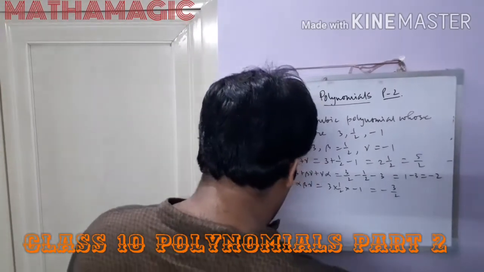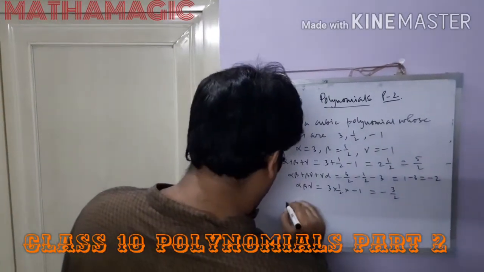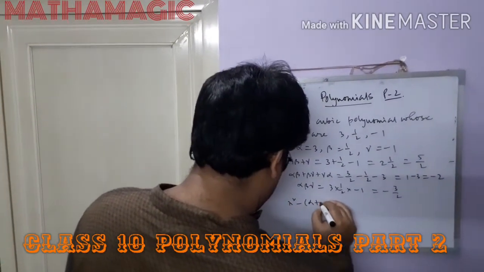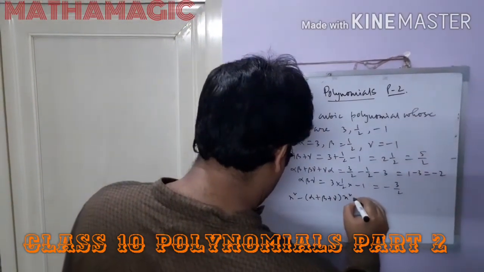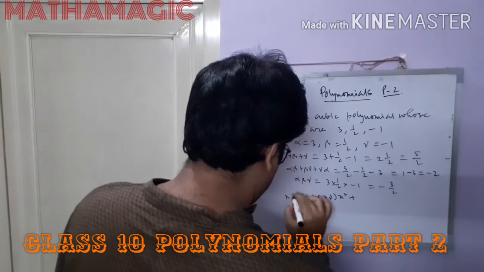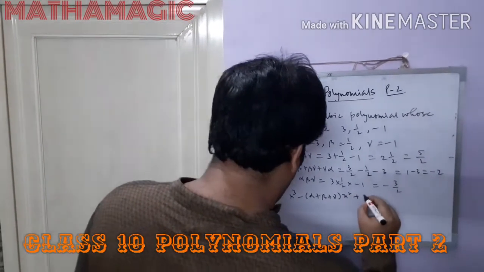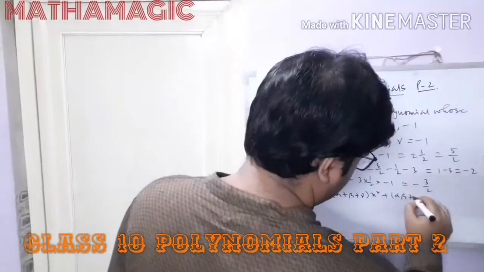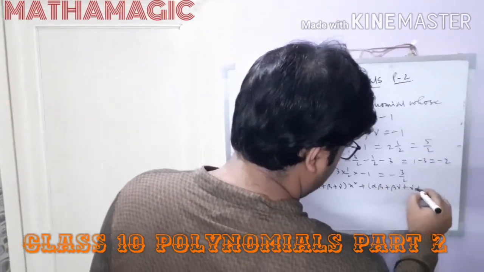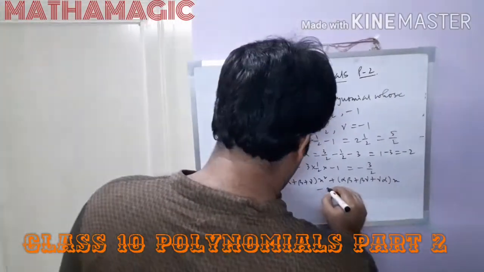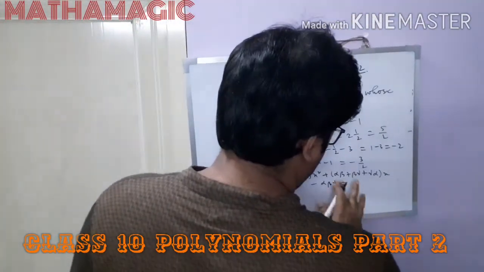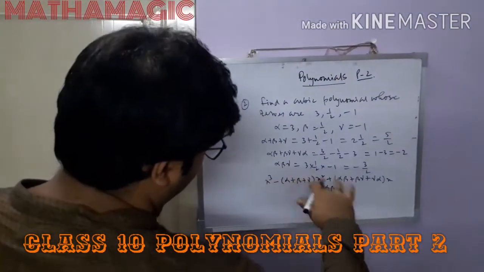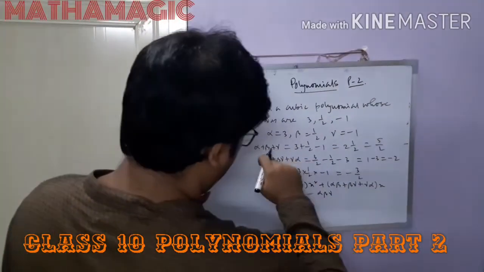In order to find the polynomial, we write the equation as x cube minus alpha plus beta plus gamma into x square plus alpha beta plus beta gamma plus gamma alpha into x minus alpha beta gamma, and we put the values we have got here.